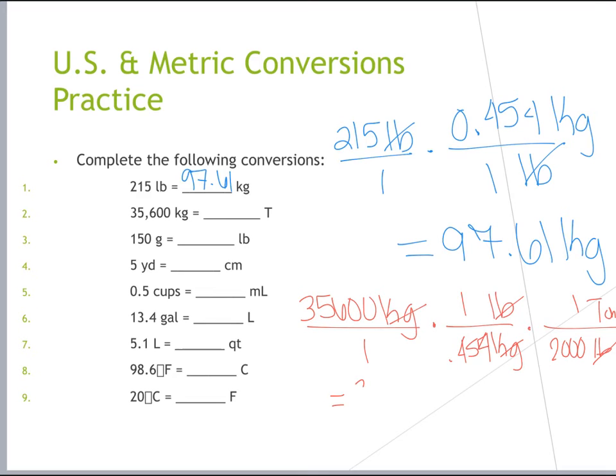So that's going to leave me with 35,600 in the numerator, and then in the denominator you have 0.454 times 2,000, which gives you 908. And then do your division, so 35,600 divided by 908, and you get 39.21 tons.